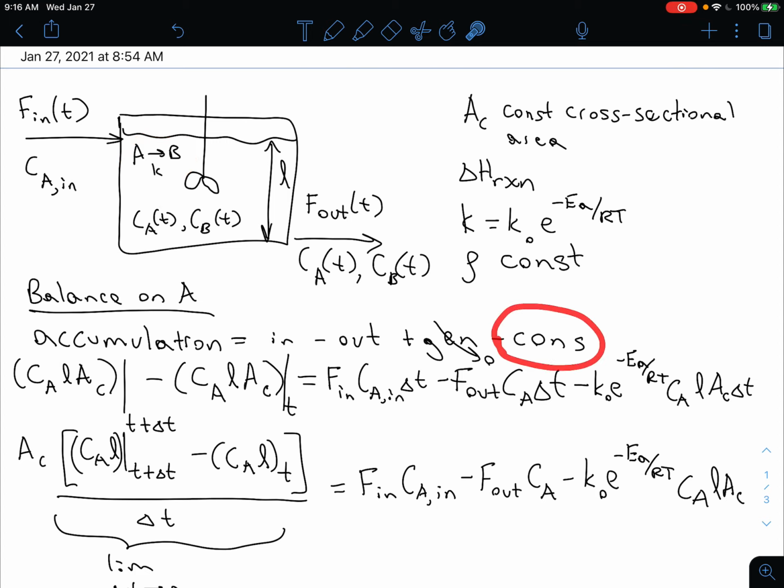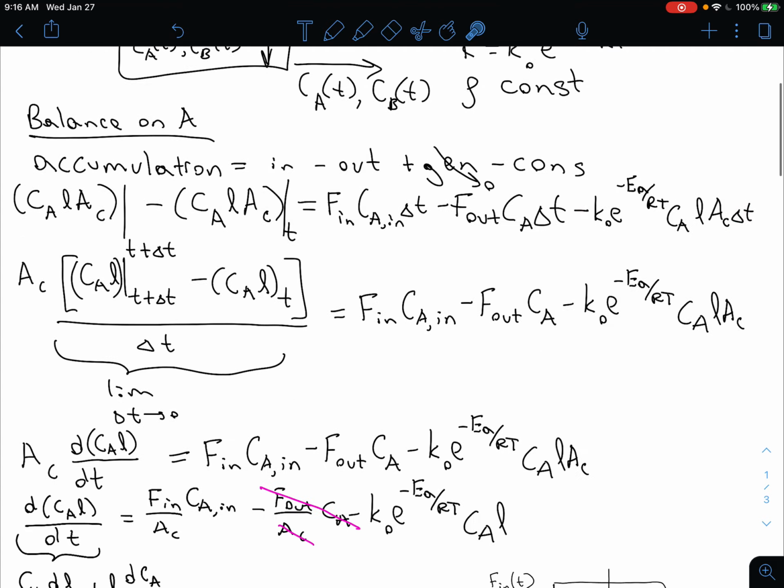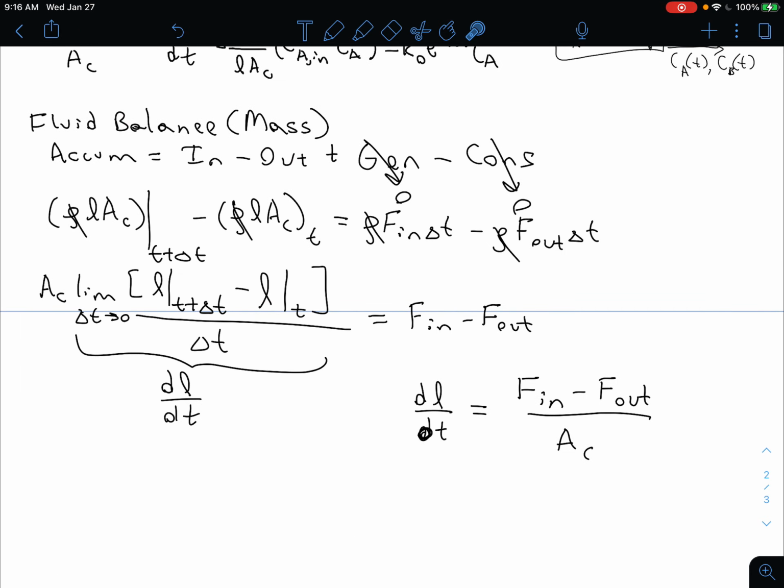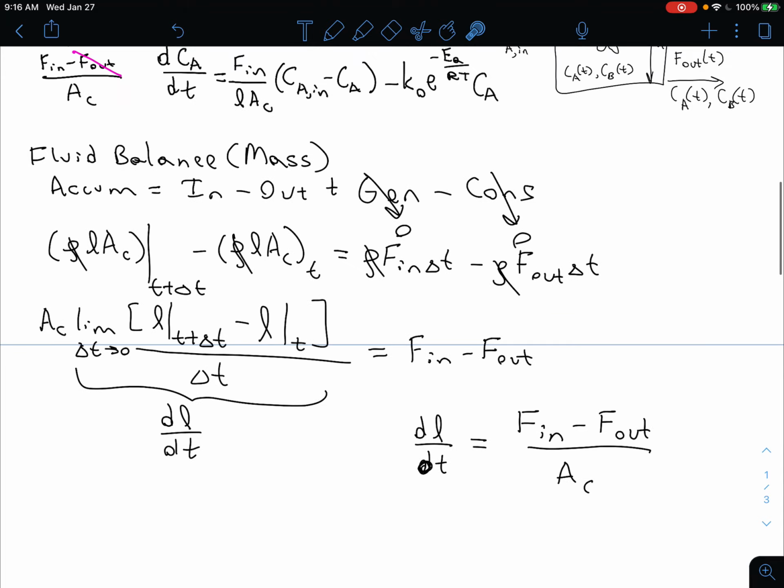So the consumption term would be 0, and the generation term would be proportional to K times CA. I'll do that at the end of the video for good measure, but when I start doing the balance on B, perhaps you can stop watching if you feel comfortable from what I showed on the balance on A.